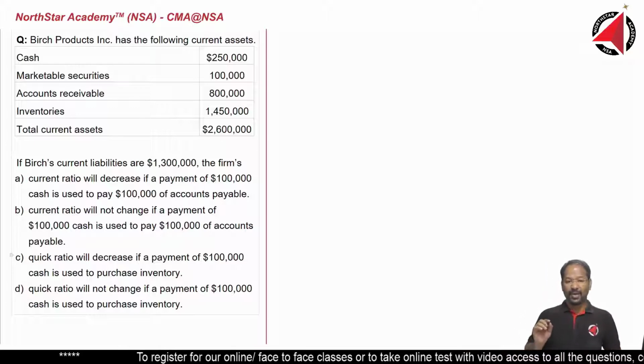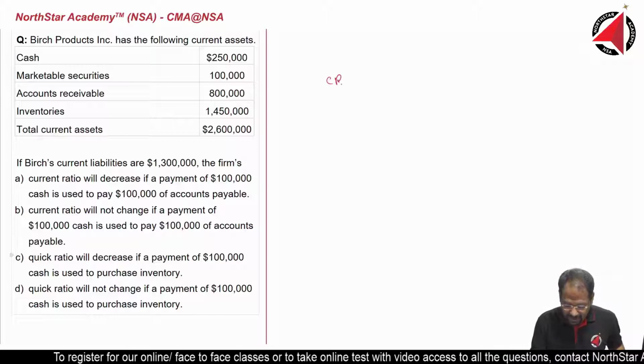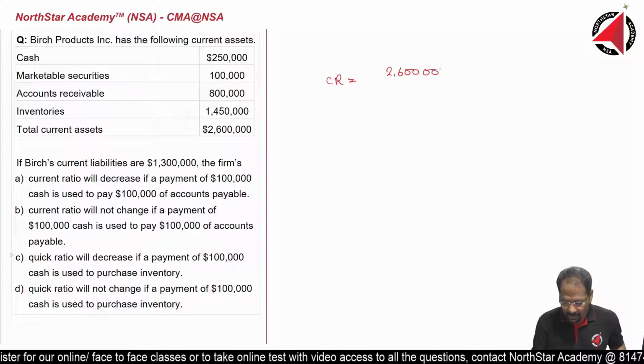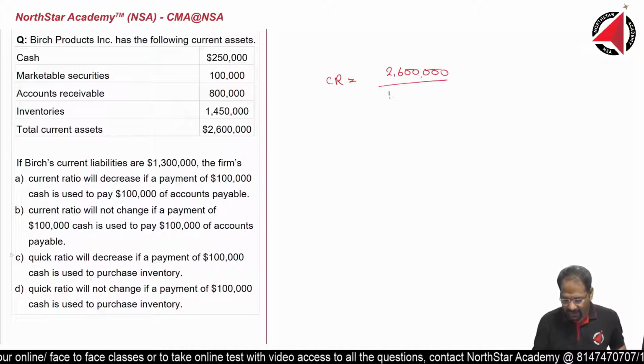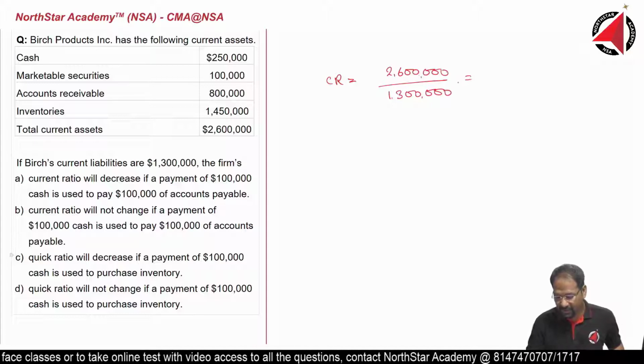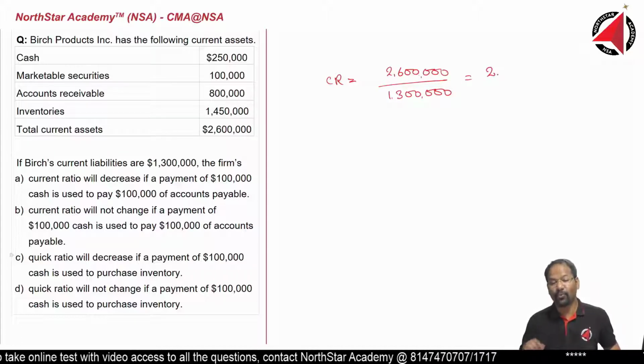First, we need to find out how much the original ratio is. So if you look at the original current ratio, it is 2.6 million current assets divided by 1.3 million current liabilities. So my original ratio is 2, which is greater than 1.